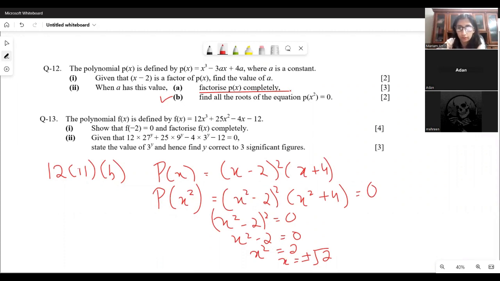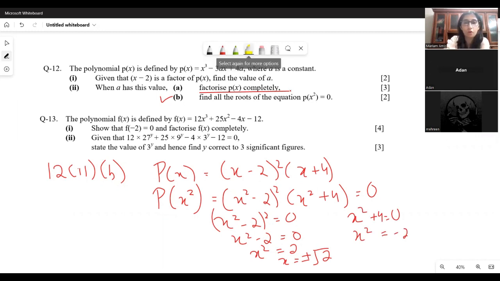Okay. After that, the second bracket would be x² plus 4 equals 0, which is x² equals minus 4. We haven't studied complex numbers yet, but since it says find all the roots, that means you have to find the real roots plus the complex roots.